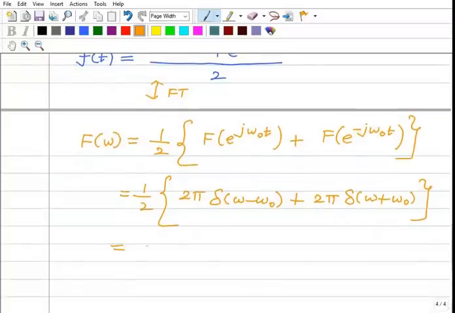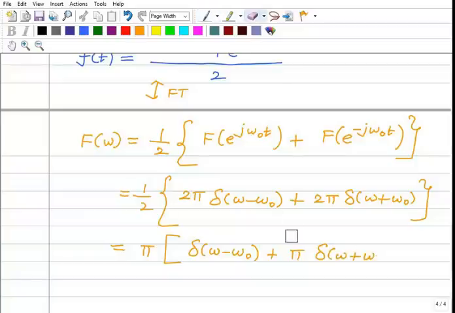So you can cancel the 2 and take pi common. So the answer is pi into delta omega minus omega naught plus pi into delta omega plus omega naught. This is the Fourier transform of cosine omega naught t.